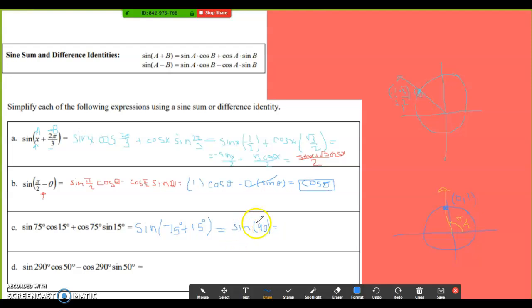I know 90 degrees is on the unit circle, it's pi over 2 in radians, right? So I know the sine of 90 is that y coordinate. It is 1. All right, I want you to pause the video, look at D, see if you can figure out D, and check your work.